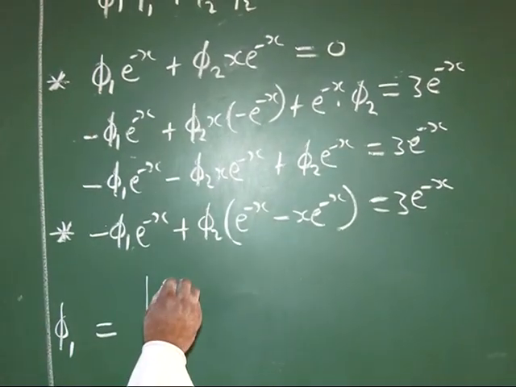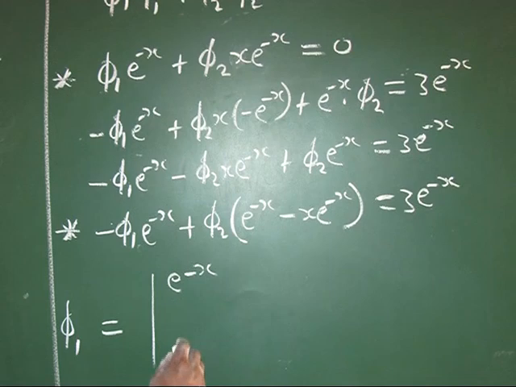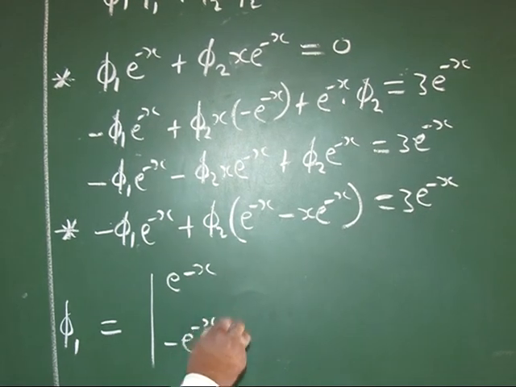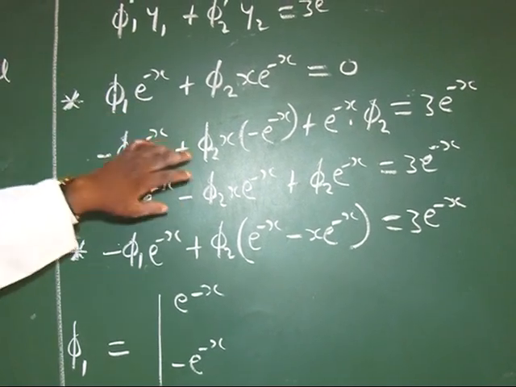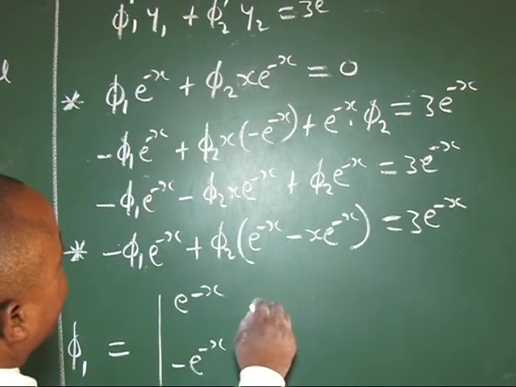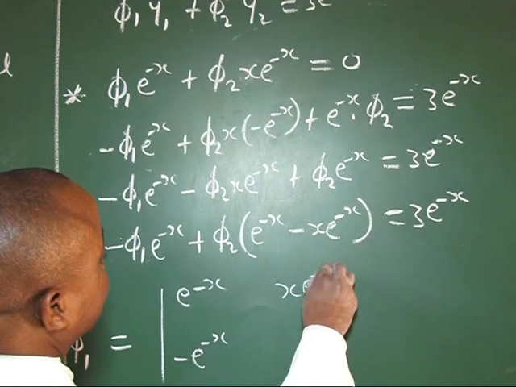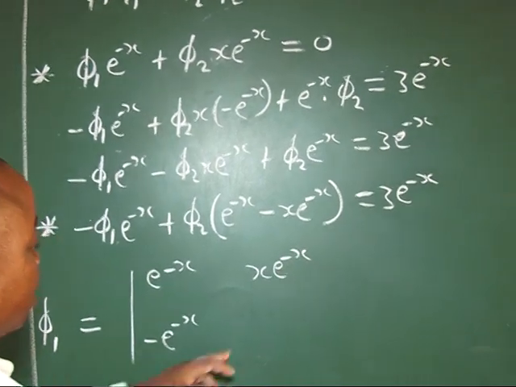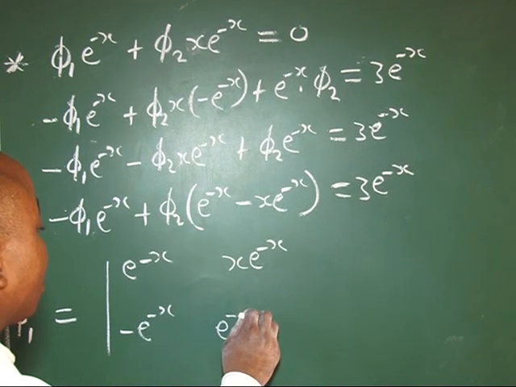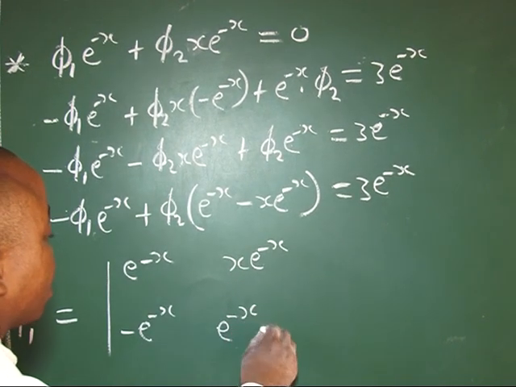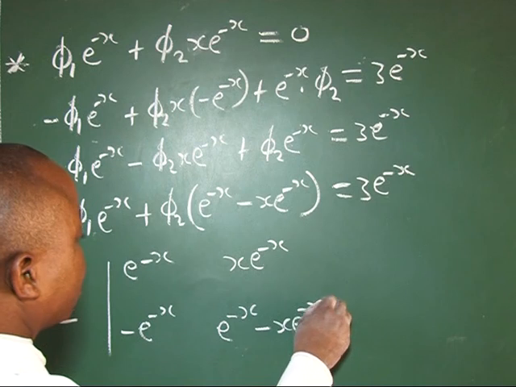So we'll have e^(-x), minus e^(-x) as two coefficients. And then if we come here, we will have x e^(-x), and this place will give us e^(-x) minus x e^(-x).